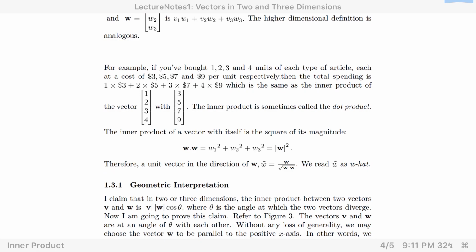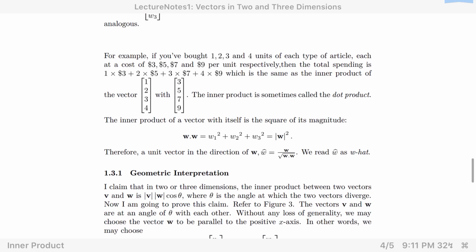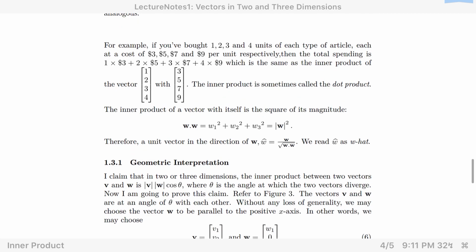So your total spending is then 1 times $3 plus 2 times $5 plus 3 times $7 plus 4 times $9. This is exactly the same as the inner product of the vector 1, 2, 3, 4 with the vector 3, 5, 7, 9.